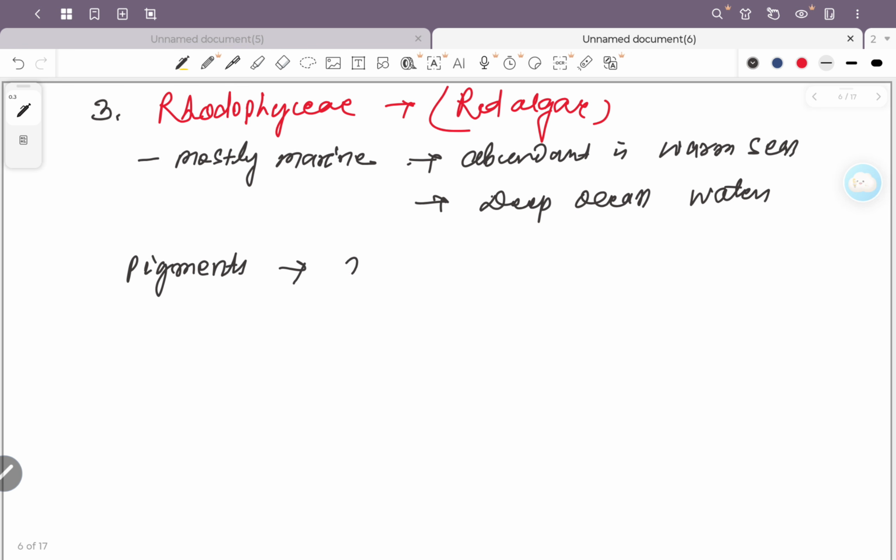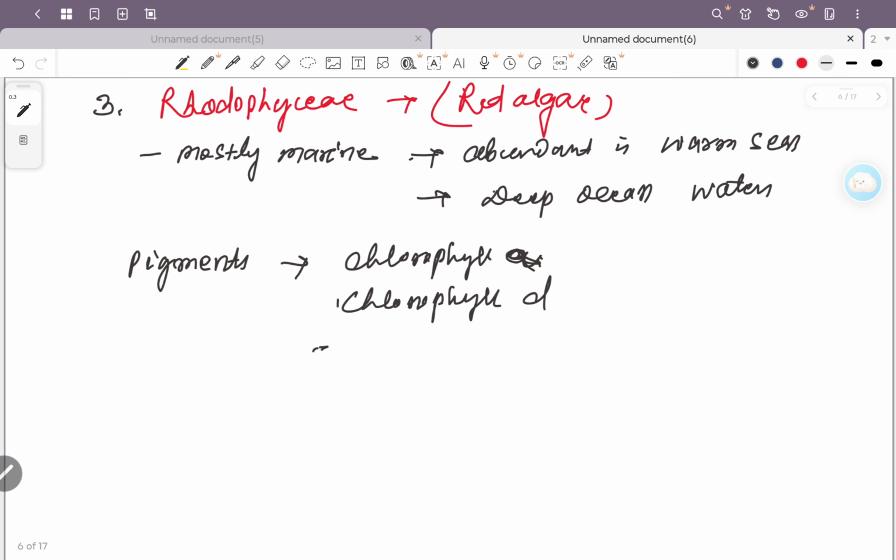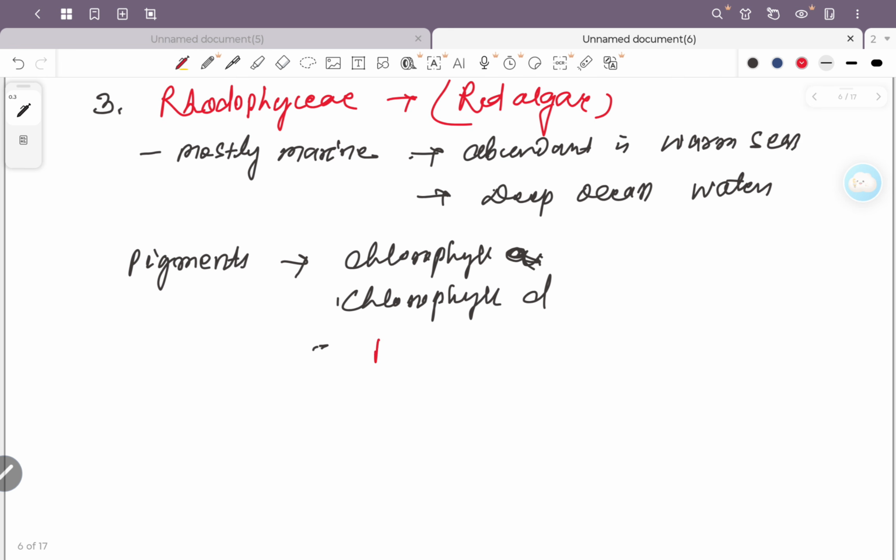The pigments are chlorophyll A, chlorophyll D. Remember, chlorophyll D. In brown algae or Phaeophyceae, chlorophyll A and C, and in Rhodophyceae, chlorophyll A and D. And the most important is phycoerythrin.